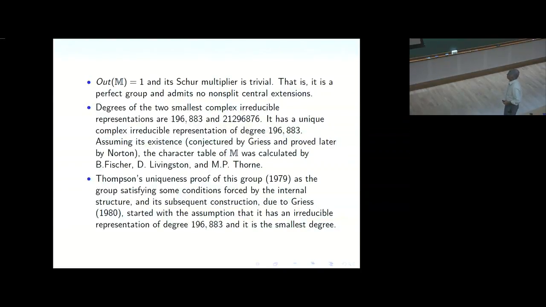Thompson's uniqueness proof of this group, as the group satisfying some conditions posed by the internal structure, was reduced by assuming that the group had a certain centralizer of an involution, and its subsequent construction due to Griess started with the assumption that it has an irreducible representation of this degree.